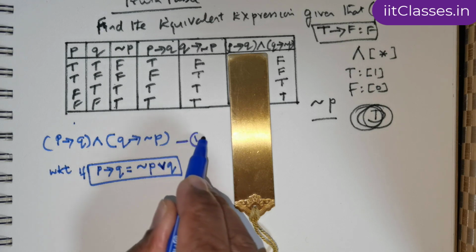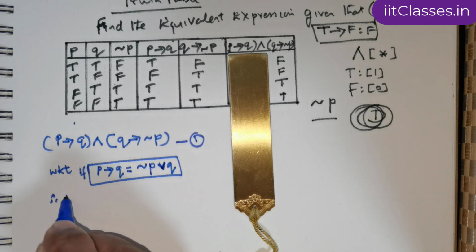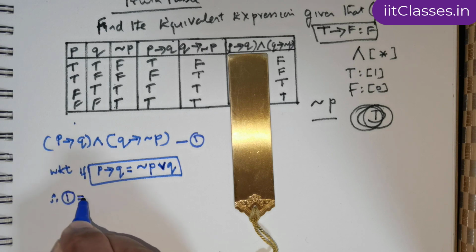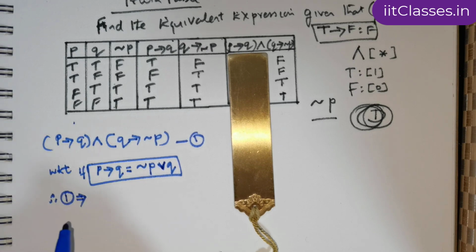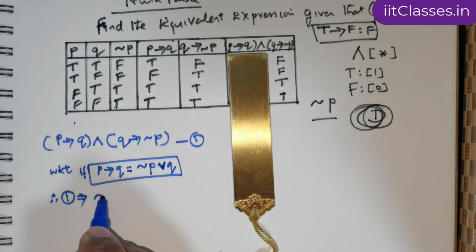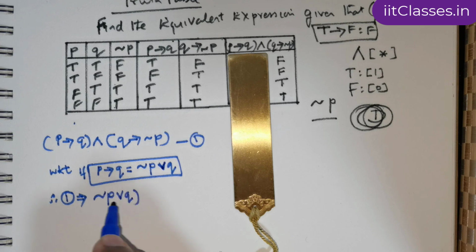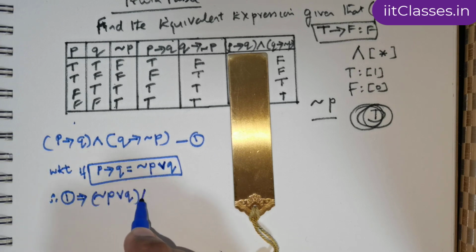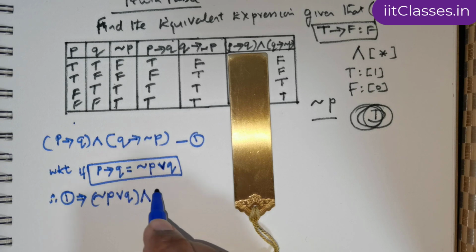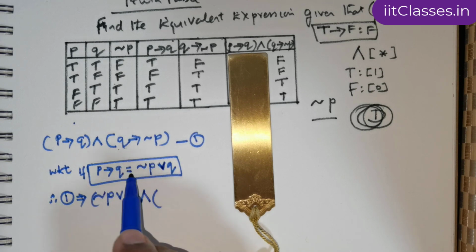So if we were to take this as 1, therefore 1 can be rewritten as, in place of P conditional Q, I'm going to write this as negation of P disjunction Q followed by conjunction. I'm going to apply the same formula.